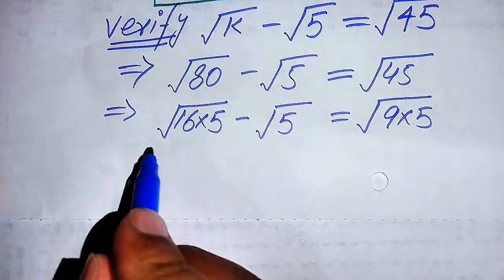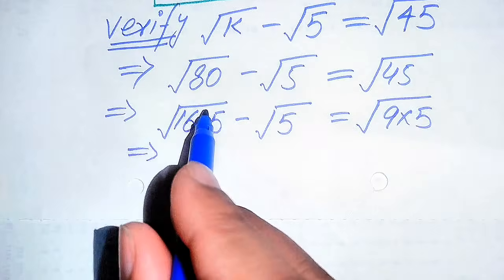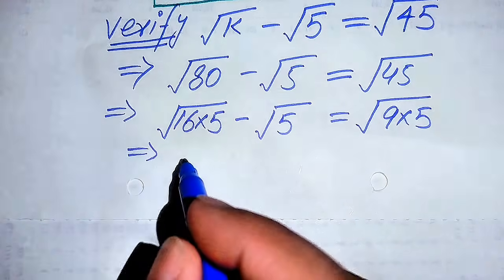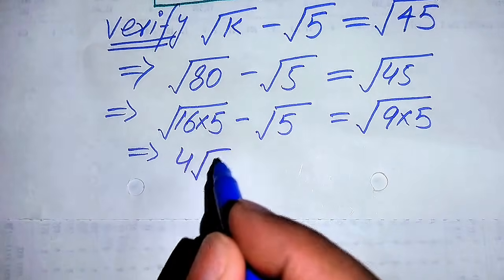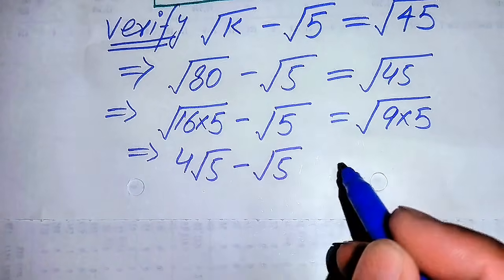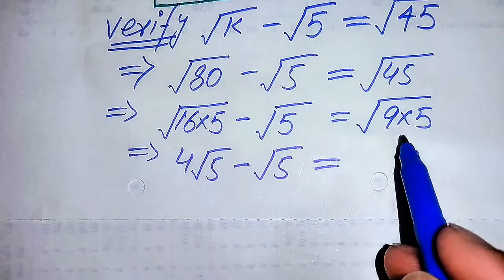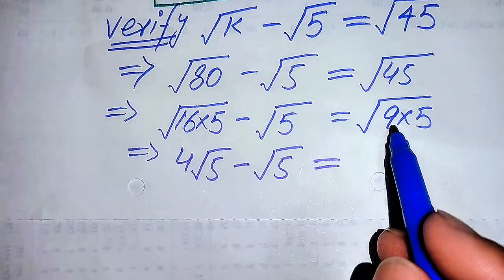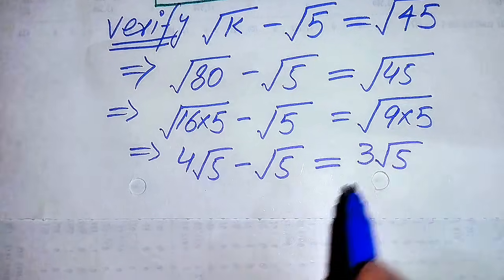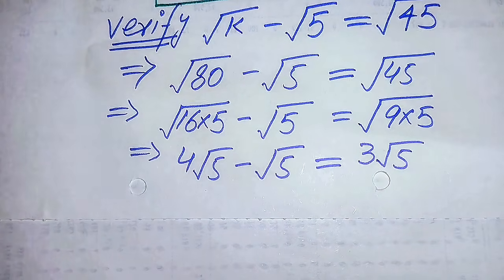Here when we apply square root separately on both of these two values, we get square root of 16 becomes 4 times square root of 5, minus square root of 5 is equal to, square root of 9 becomes 3 times square root of 5.